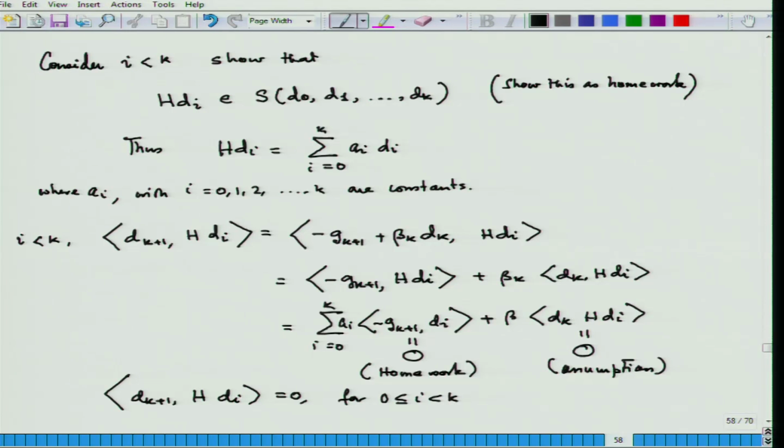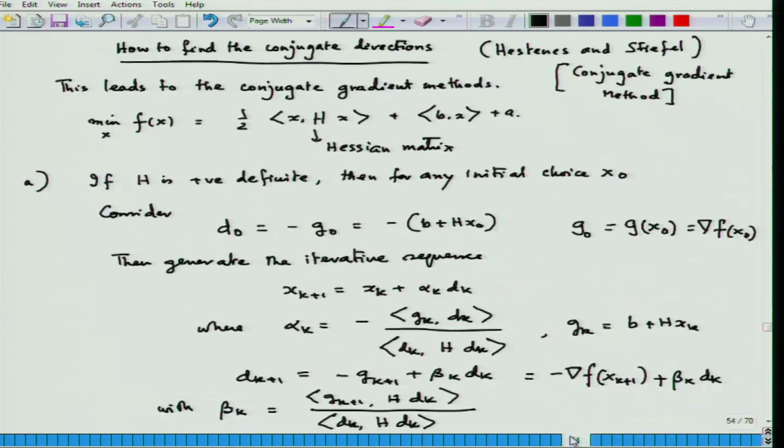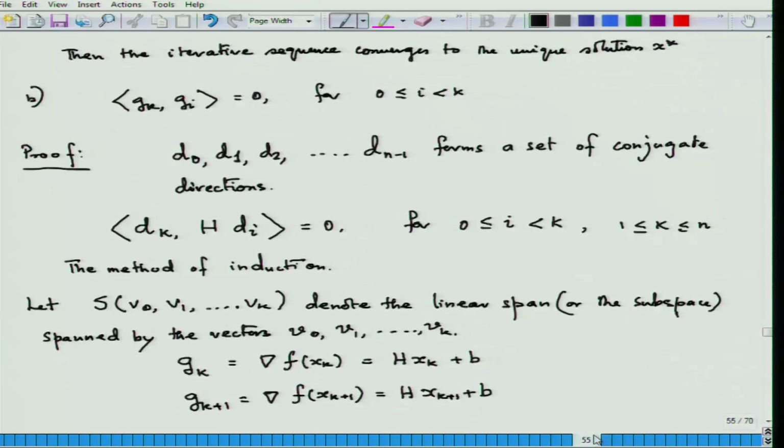So, what we finally proved is that d_{k+1} H d_i is equal to 0 for i strictly less than k plus 1 and hence we have proved this thing.